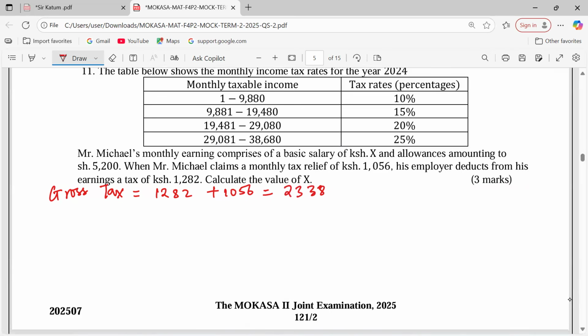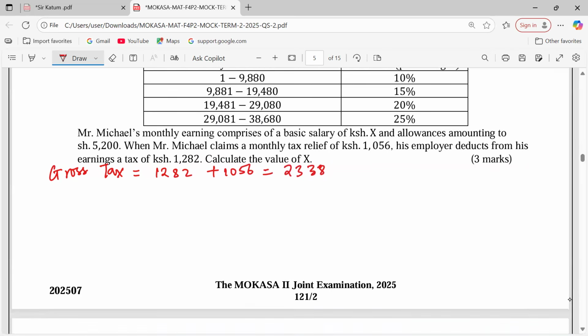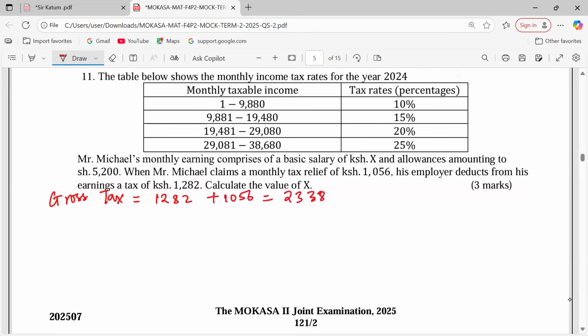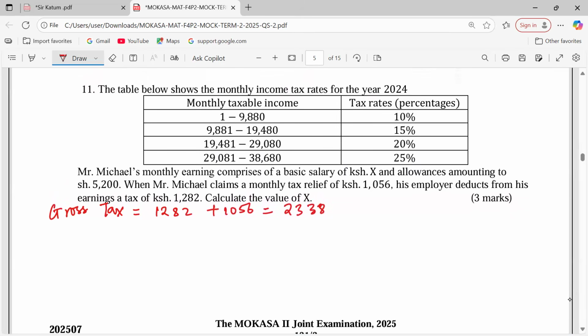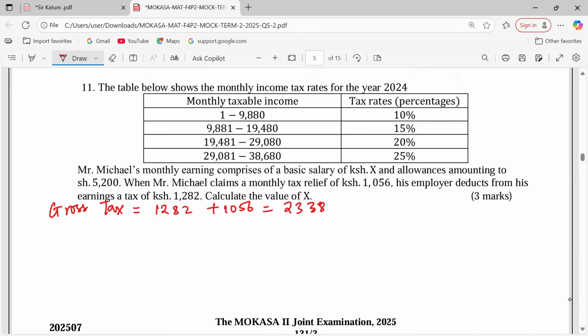This is the gross tax payable by Michael. Then we say we're supposed to tax a known amount until we get the tax given here. So from the first bracket, this is back taxation. From the first bracket, we're going to have 9880 multiplied by 10%.